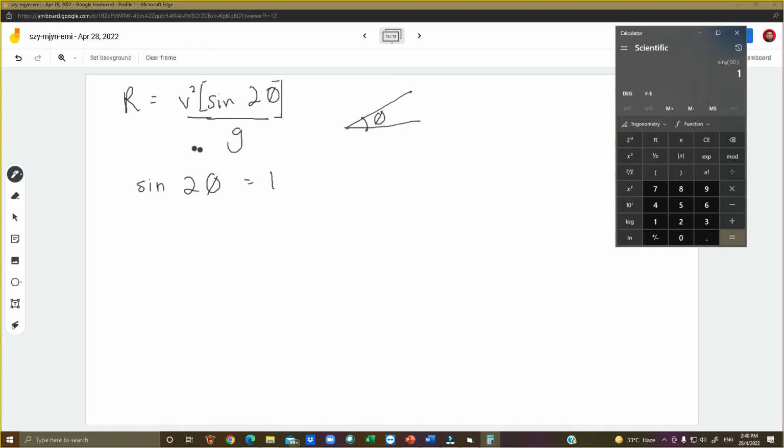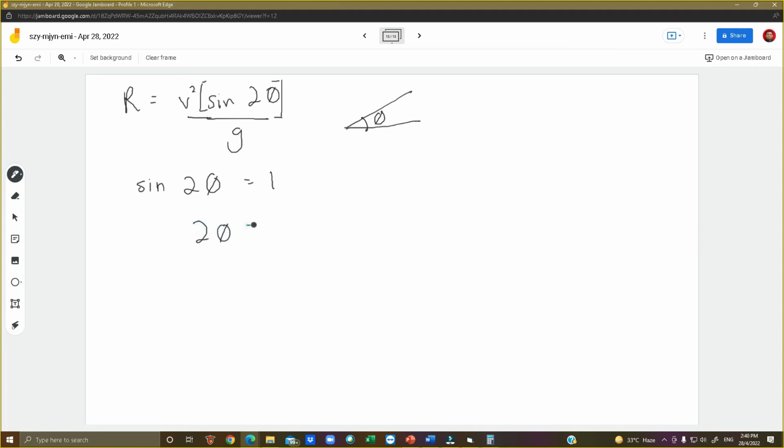So, if kita nak masuk sini sin theta ni, kalau 2 theta sama dengan 90, theta saja ialah 45 degree. And this proves that by having 45 degree, you are going to get the longest range because the multiplication is with the maximum number available.